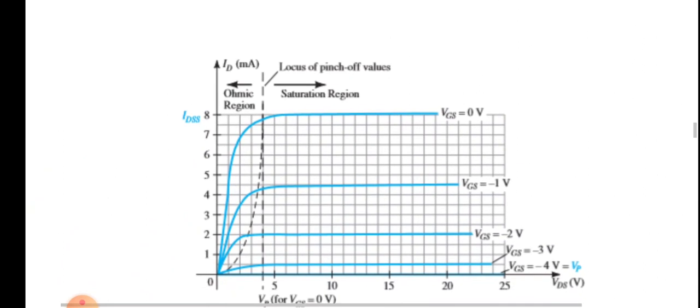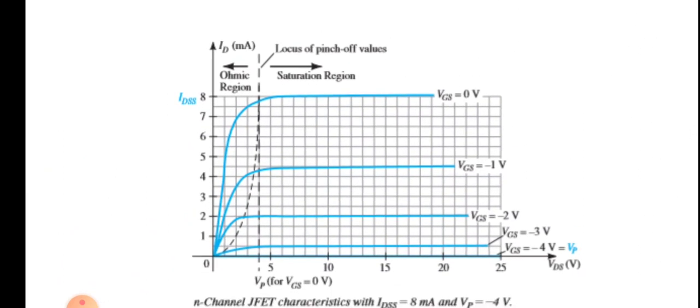Now if you keep applying different negative potentials between gate and source, what is going to happen to the VI characteristic? The first graph, the top graph, is the case when the gate to source voltage was 0. So the maximum current which can be achieved is nothing but IDSS.